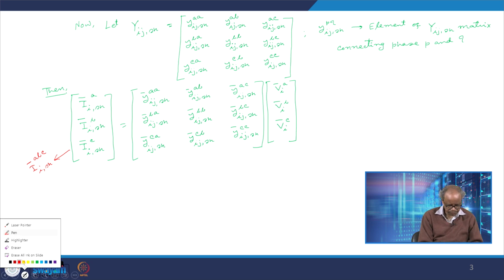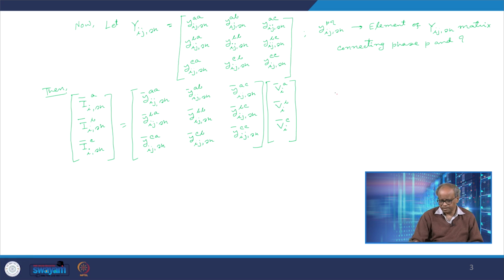Let us write it properly: I shunt ABC is equal to I shunt A, I shunt B, I shunt C. So this is a 3 cross 1 vector.